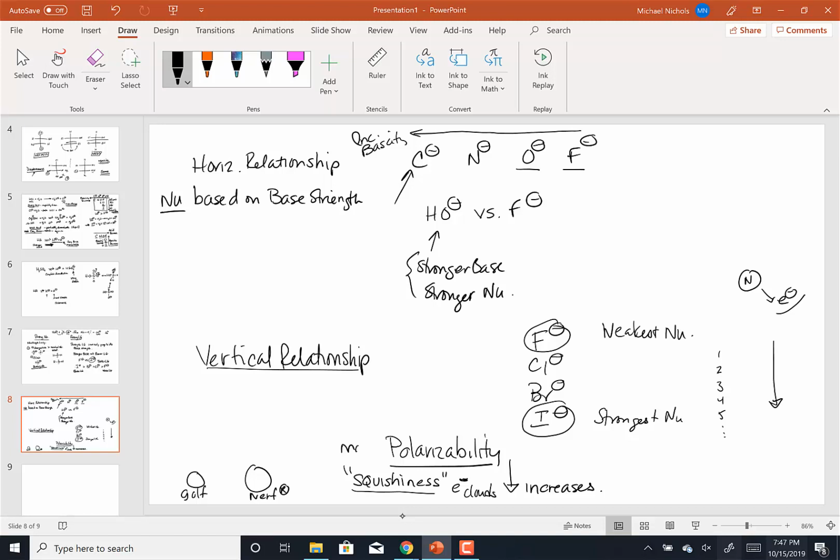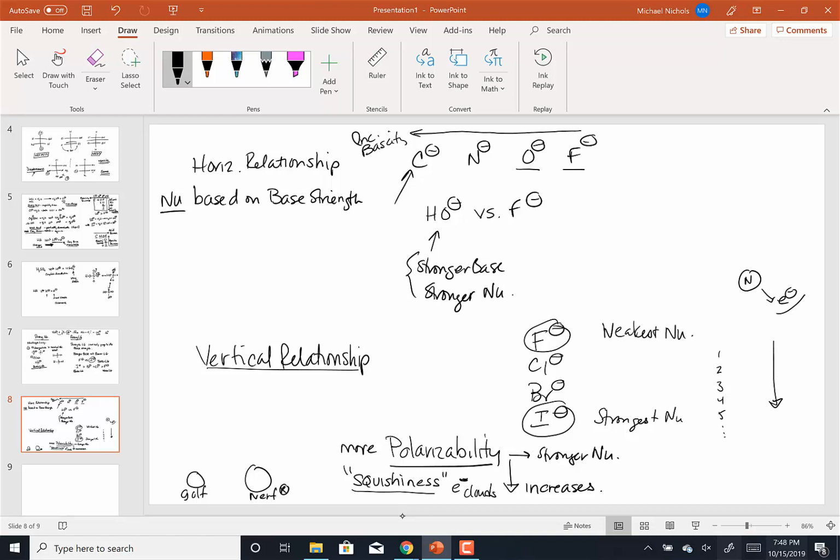Basically, the more polarizable, the stronger the nucleophile. So as you go down the periodic table in a vertical relationship, your nucleophile gets stronger. So I- is a stronger nucleophile than F-, which is going to lead to a paradox here that I need to come back to. There's multiple things I need to go back to.